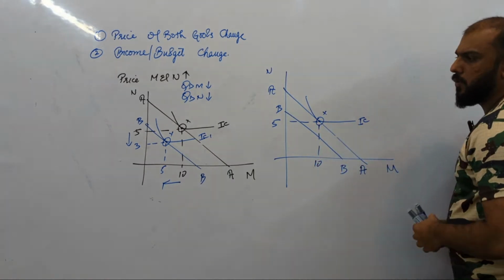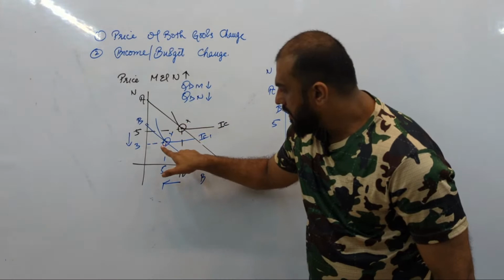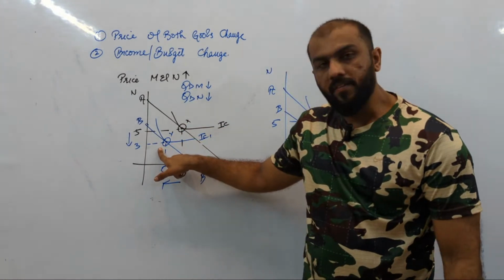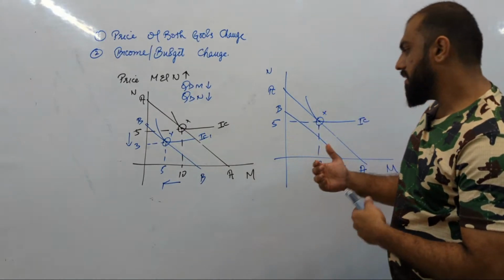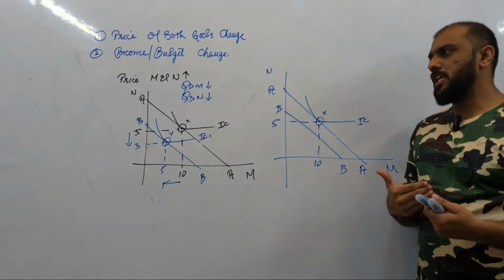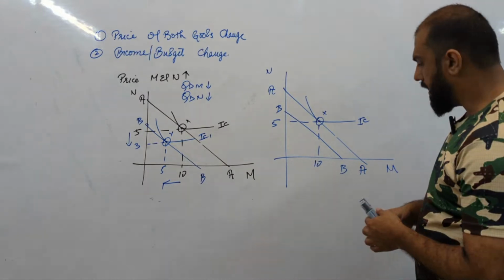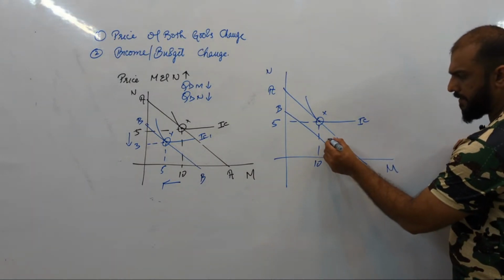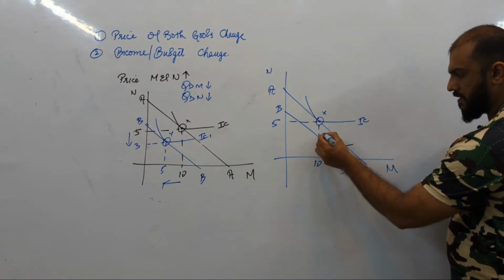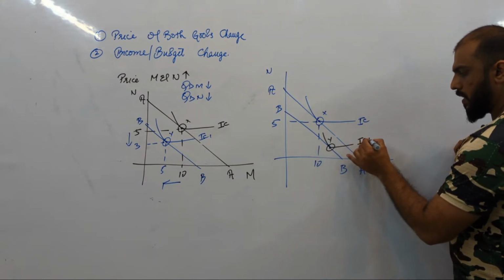It's up to me. So we did a diagonal shift inside on the indifference curve to show that both the goods are normal goods, but we can simply change where my new equilibrium would be. Let's say my new equilibrium comes over here. So what is going to happen? IC1.